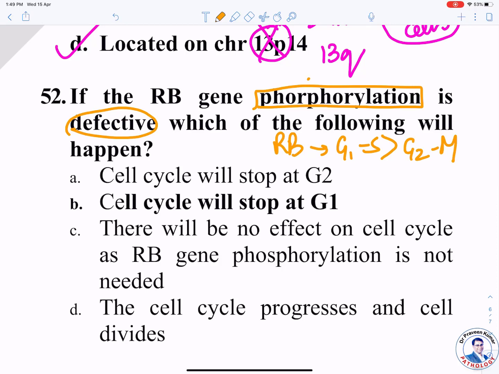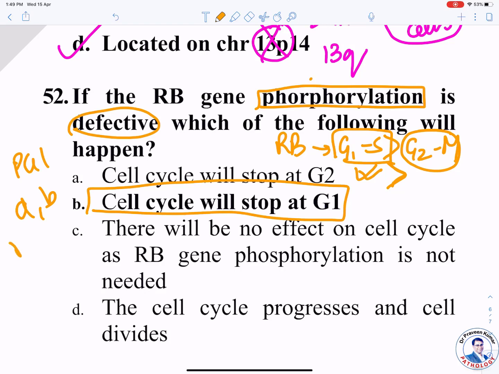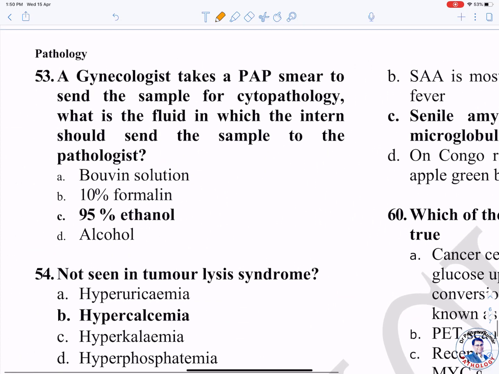The cell cycle will stop at G1S more than G2M, because cyclins are not activated, and therefore G1S more than G2M. The answer is cell cycle stop at G1. If the option would have been PGI question, the answer would have been A and B, but here I'll choose B more than A, and the reason I told you here because.